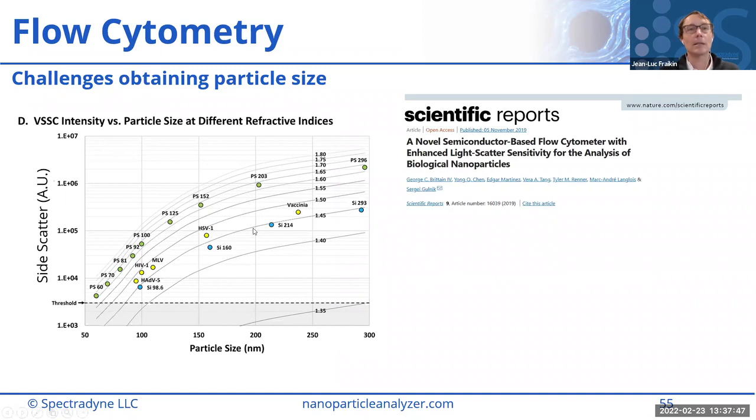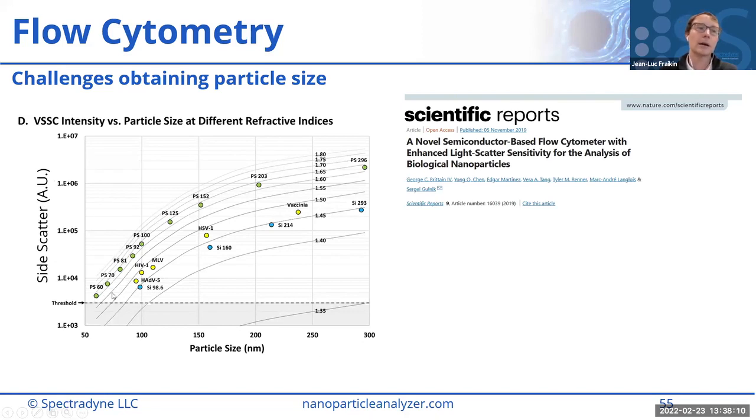This paper is talking about how to calculate the index of refraction from the scatter signals and calibrations, right? And so what this plot is showing us is the side scatter intensity, so the intensity of the scattered light that comes off individual particles as a function of particle size, and it's known here what the particle sizes that were put in, right?